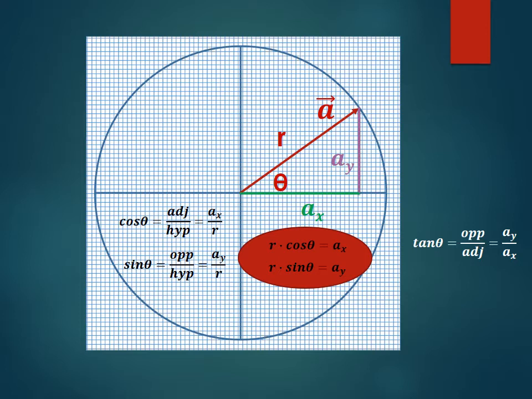So tangent of theta is opposite over adjacent, so it's ay over ax. So hopefully you guys are familiar with the inverse tangent function. This is not 1 over tangent, okay? It's like undoing the tangent function. So it's the inverse tangent of ay over ax.